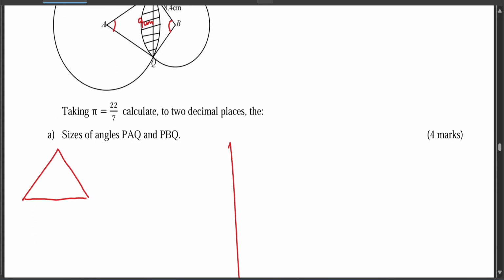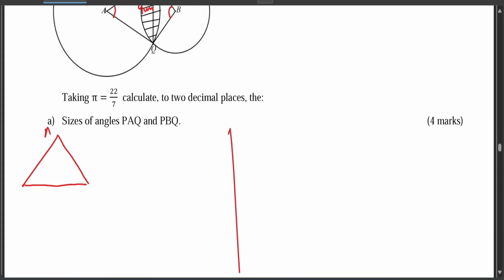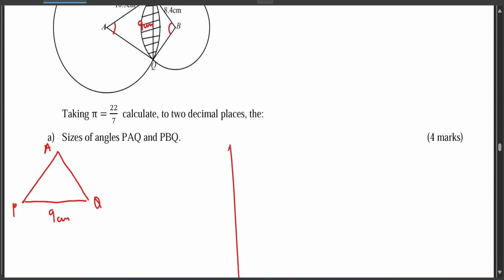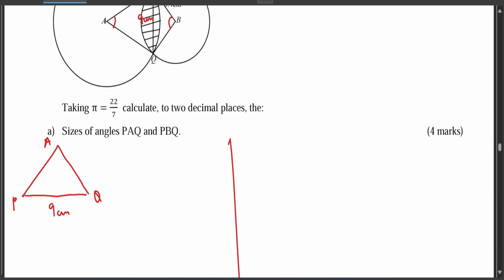So if I draw A and P and Q, this is 9 centimeters, and the radius 10.5. As long as this is an isosceles triangle, you can divide it into two triangles. So if you divide it, this one will take 4.5 and the other one will take 4.5. 9 divided by 2 gives you 4.5.